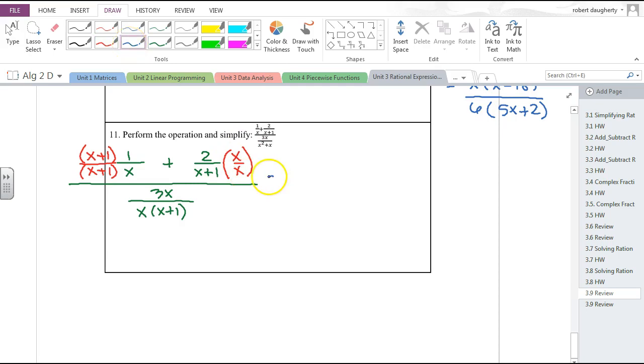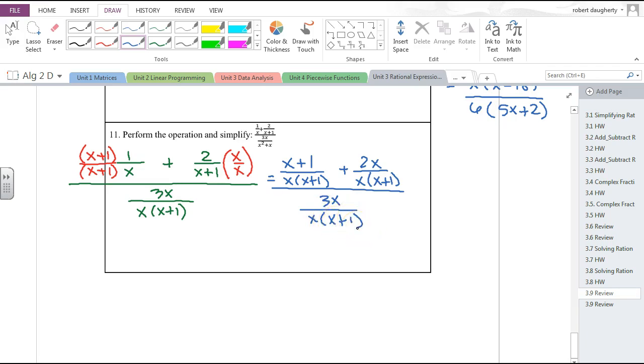And I end up with x plus 1 over x times x plus 1, plus 2x over x plus 1, divided by 3x over x times x plus 1.